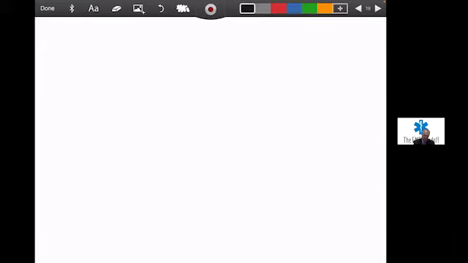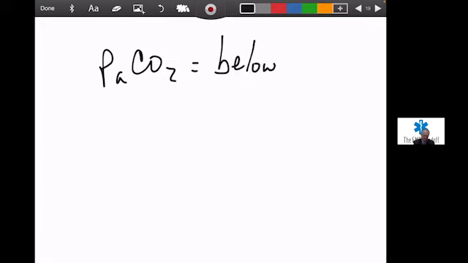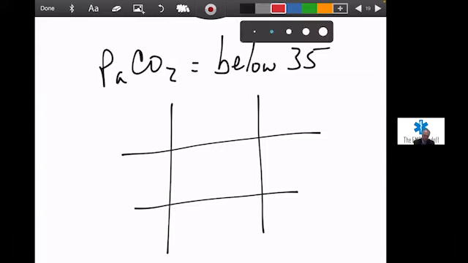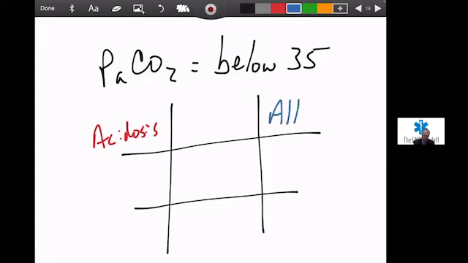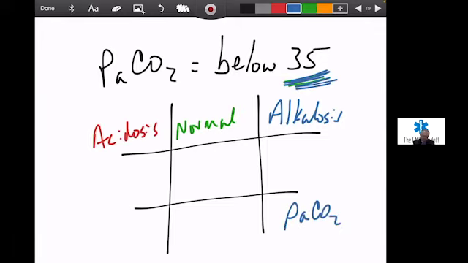If our PaCO2 is below 35, we draw out our Tic Tac Toe board. And if it's below 35, I know I'm blowing off that CO2. Then I take my PaCO2 and it goes in this range, and I know that it is alkalotic.